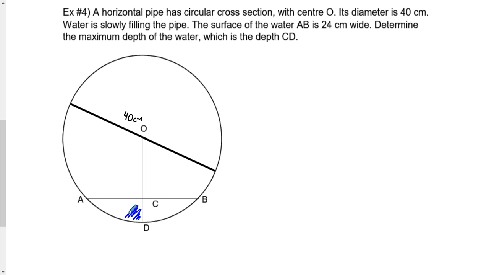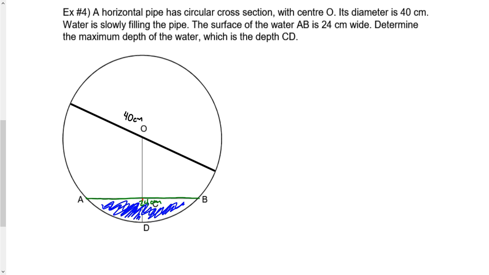So all of this is water. It says the surface of the water is 24 centimeters wide. So from here all the way to there is 24 centimeters. We need to determine the maximum depth of the water.